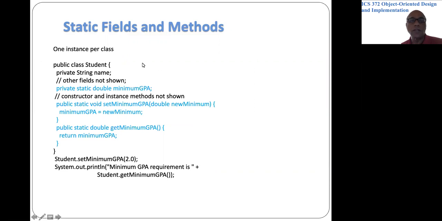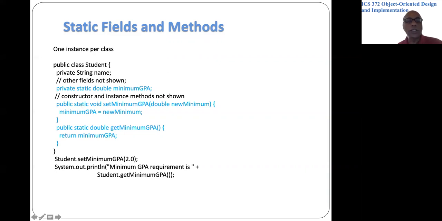The last concept in this video is related to static members. A static member is signified by putting the word static in front of it. For example, this minimum GPA is a field, double minimumGPA, it is private, but I also put the word static here, meaning this is a static field. Similarly here, these two methods, setMinimumGPA and getMinimumGPA, also have this word static in front of them.